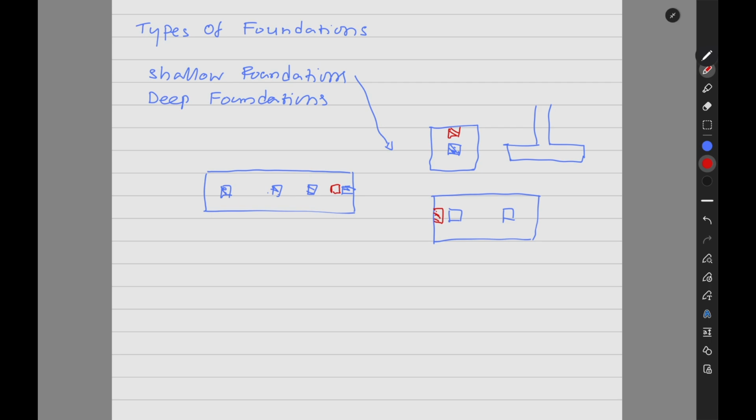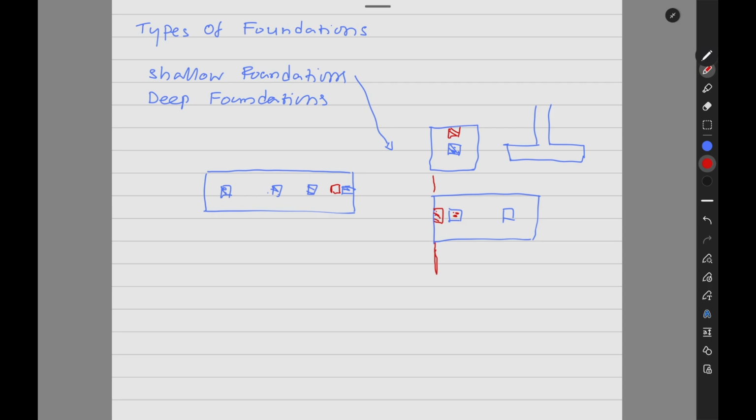So let's say that you are building, you have to construct up to the boundary. So this is your boundary, and you can't extend the footing. You can't put the column in the middle when you're at the boundary, because you can't extend the foundation to the other land. So in those kinds of situations, you may have to put the column at the edge.